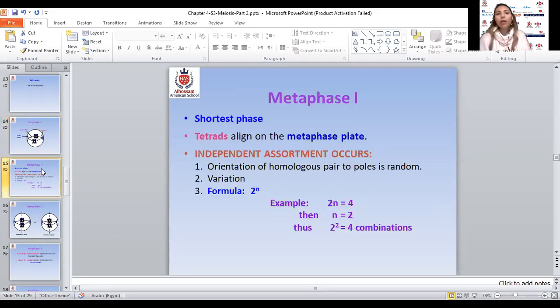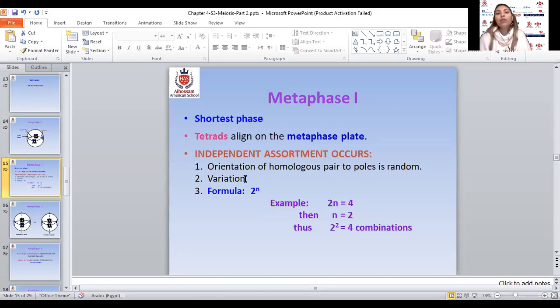And then we have metaphase 1, the shortest phase, where tetrads align on the metaphase plate at the center, and independent assortment occurs. What does independent assortment mean? It means the arrangement or lineup of chromosomes happens independently, so the orientation of homologous pairs to the poles is random.